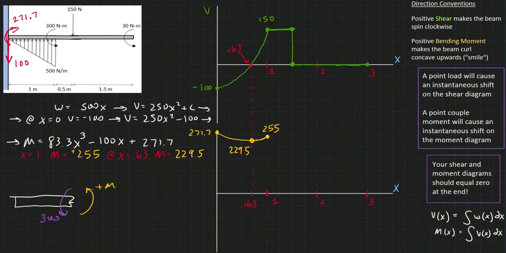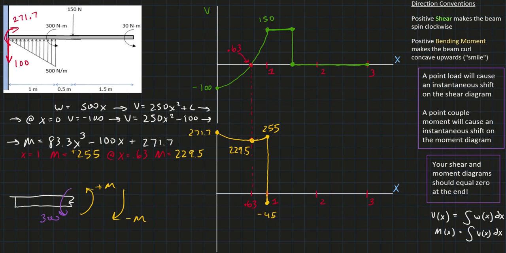Nope, that won't help me fight against that 300. Negative m will. So I know that this is going to cause us to drop by 300. So 255 minus 300 will be a negative 45. So right about here is where we'll end up.